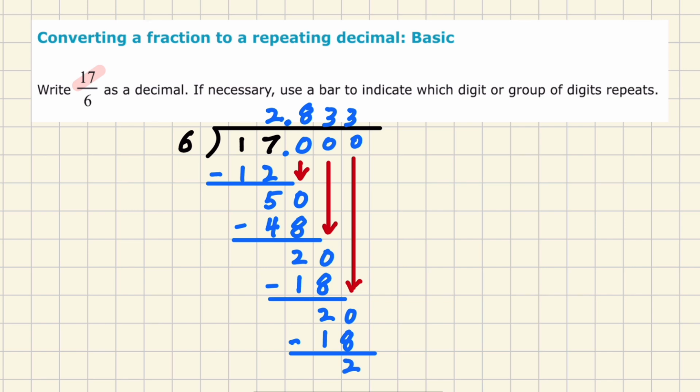And this process would continue on and on, each time getting 20 and another 3 in our decimal. So since those 3's are the only digits that repeat, I would write this as 2.83 and then a bar over the 3 to indicate that it will continue to repeat.